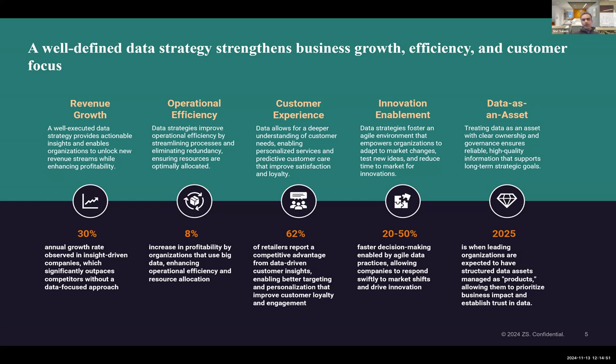So all of these are direct outcomes of a very strong data strategy. When we measure the success of a data strategy, we truly look at these as the levers or the litmus test for whether a data strategy has truly served its purpose or not, right? If you go to the next page, Willem.